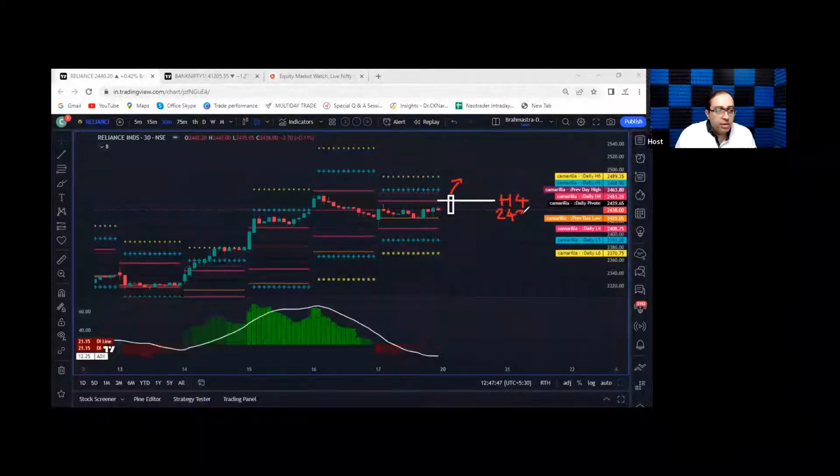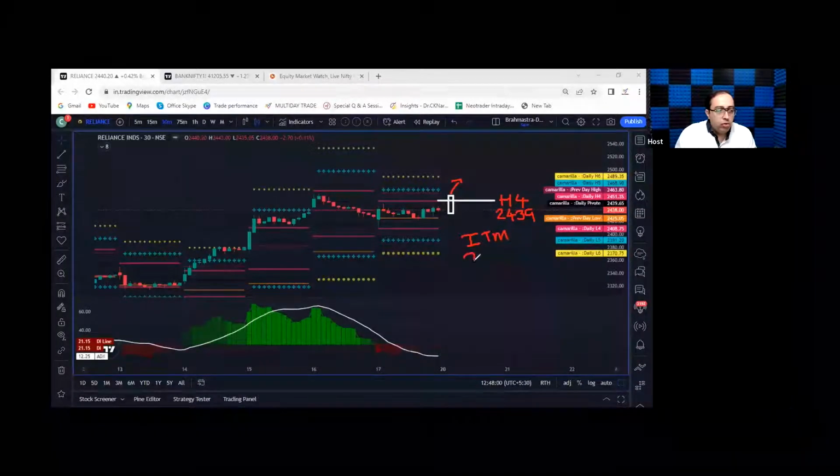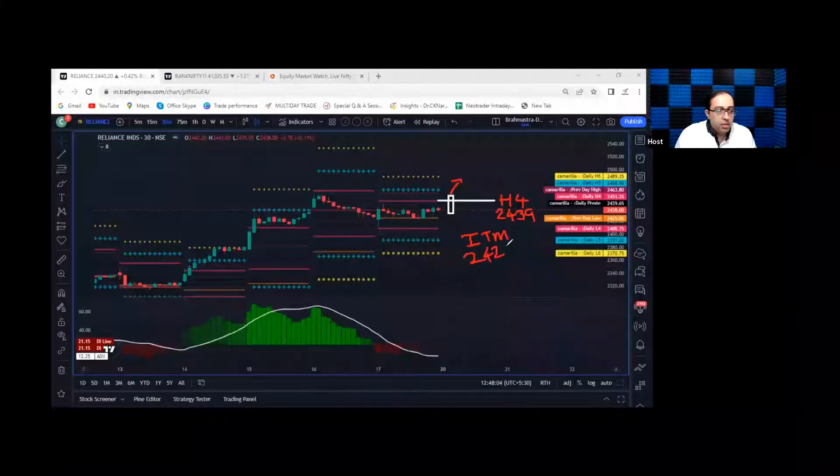This is what I am seeing here. तो मैं ऐसे एक नंबर लिख रहा हूं यहां पे. तो आपको इसका इन द मनी कॉल यानी द प्राइस इज अबव द स्ट्राइक प्राइस, सो 2420 का मैं कॉल लूंगा. क्यों? क्योंकि रिलायंस इज बुलिश, सो 2420 का कॉल लूंगा और उसको ट्रैक करूंगा.